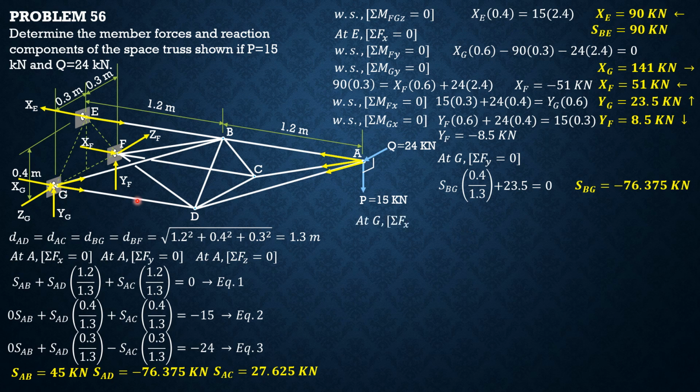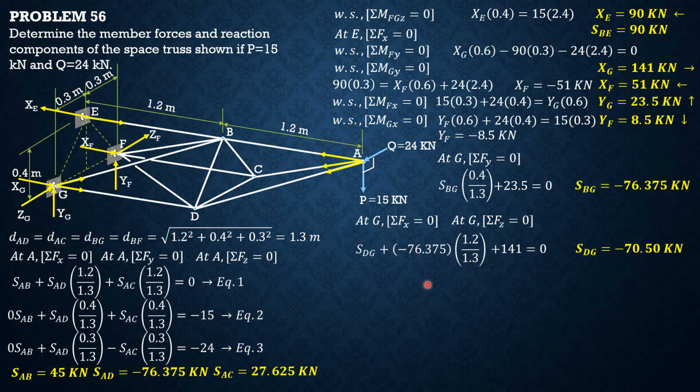Then we can now have summation forces along x at G to solve for force in DG. So SDG plus XG, which is 141, plus SBG, which is negative 76.375 times 1.2 over 1.3, equals 0. So SDG is negative 70.5 kilonewtons, so it is in compression.